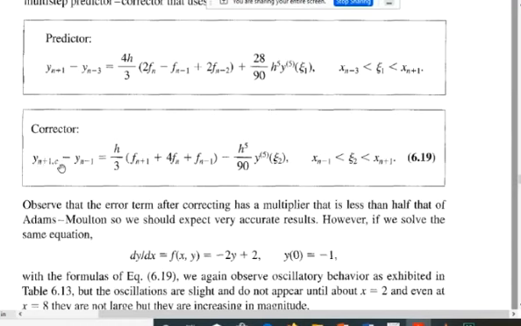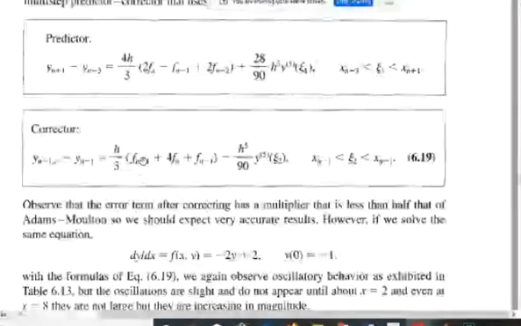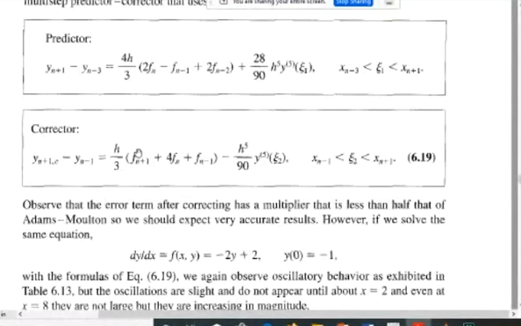C refers to corrector, and in that case we use the value of y_{n+1} to find the value of f_{n+1}.